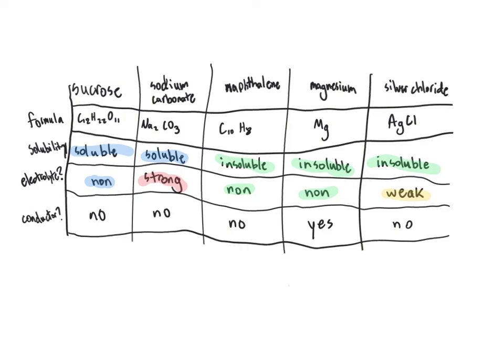Since we have differentiated between each one except for naphthalene and magnesium, they will each get their own color for highlighting. As we can see, naphthalene is not a conductor, so it'll have green, and magnesium is a conductor, so it will have gray.